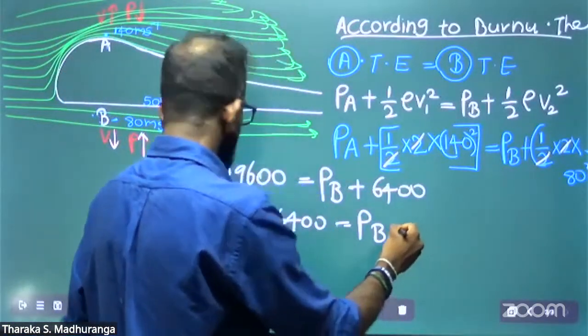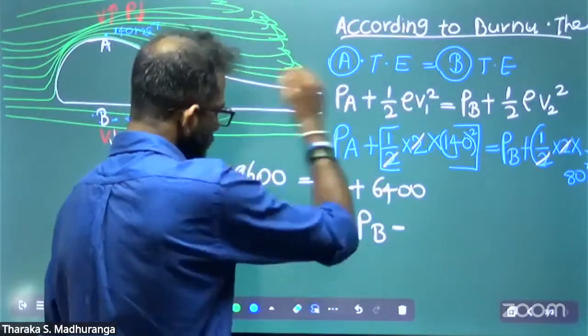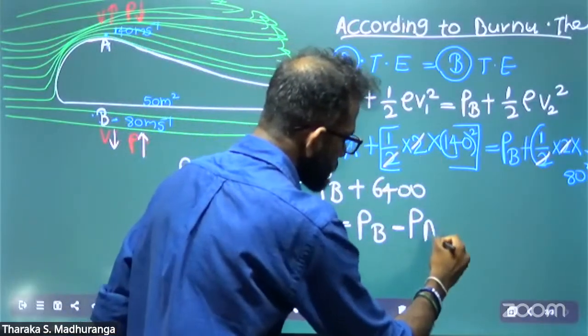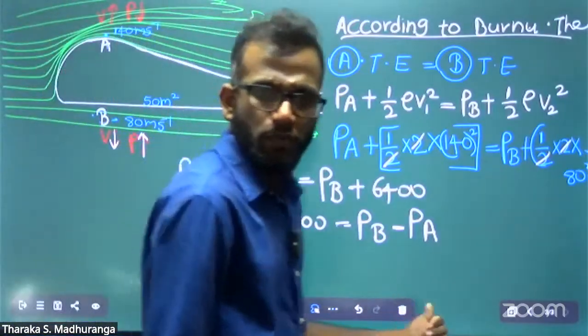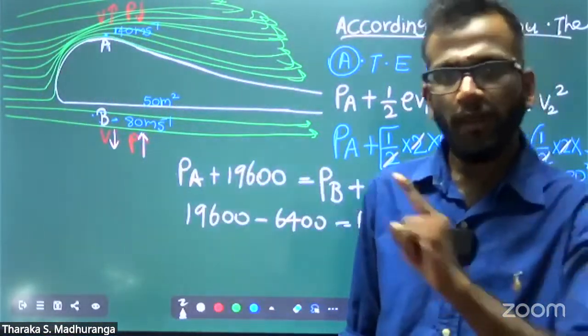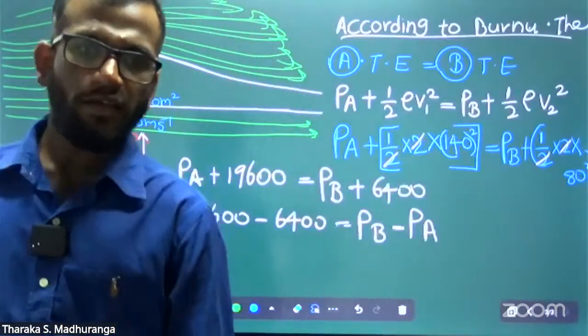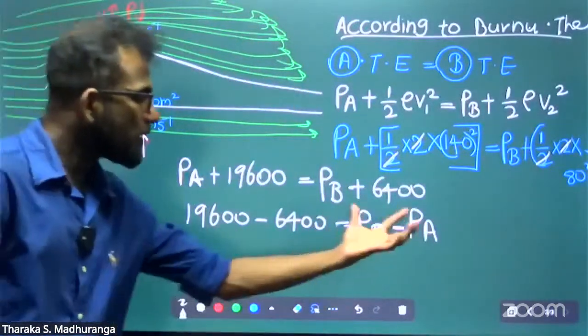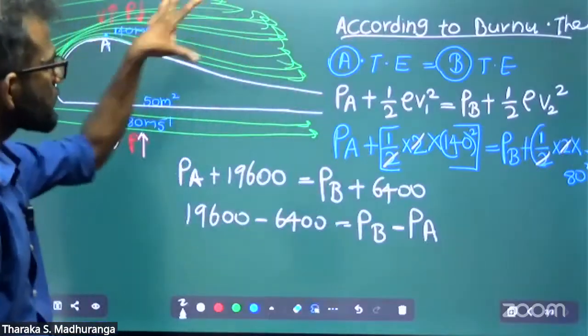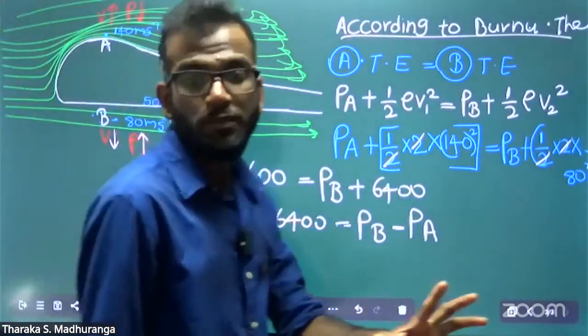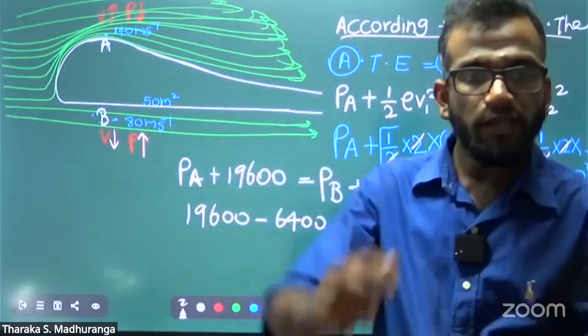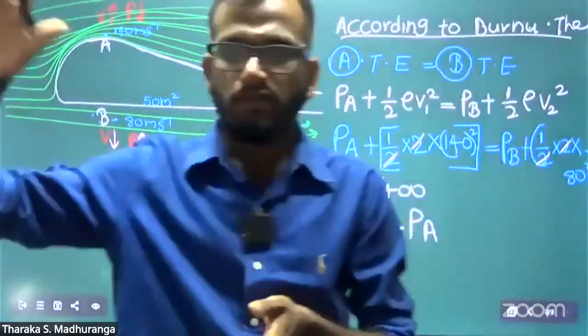Then this PA I get onto this side. Okay, now what does PB minus PA mean? The PB minus PA is the pressure difference between the two sides. Due to this pressure difference, the airplane is lifting.